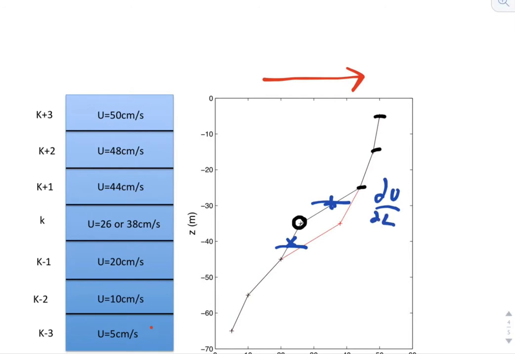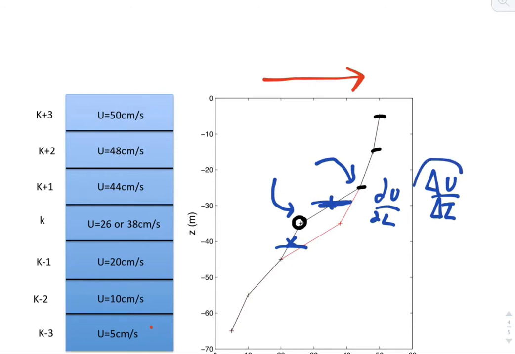And so an estimate of partial u partial z we can get from just a divided difference, delta u over delta z. So delta u over delta z at this interface right here requires me to take this u here minus this u right here and divide it by the distance between them, or 10 meters.